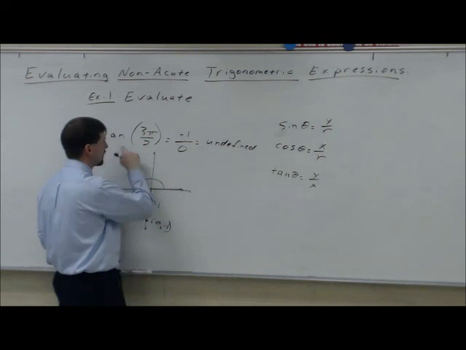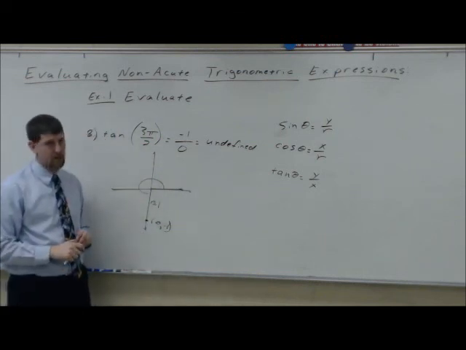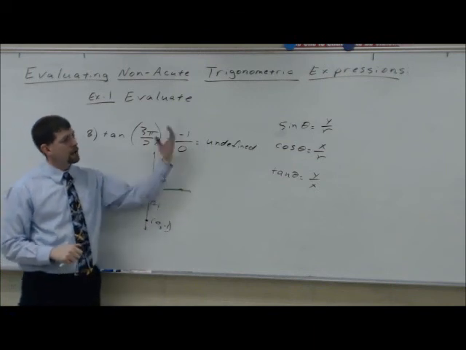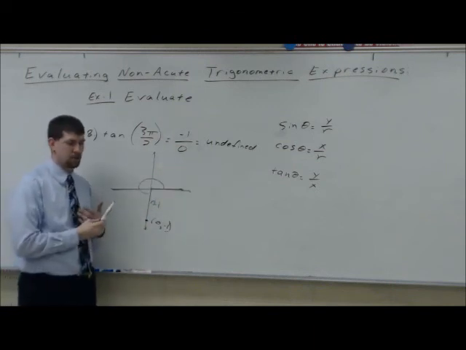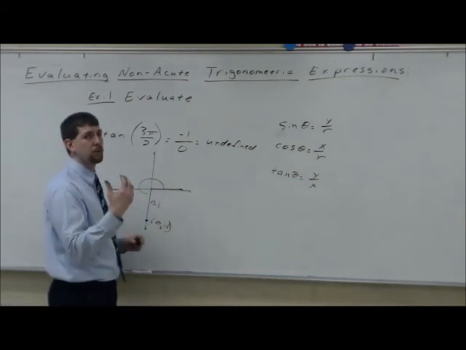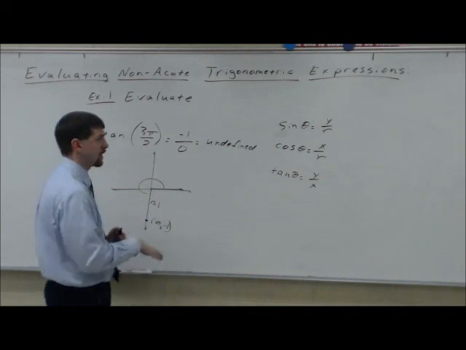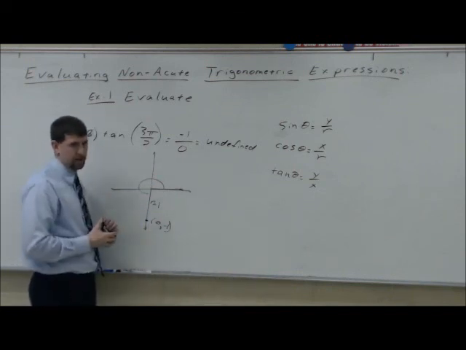So tangent of 3 pi over 2 at this point right here is undefined. And it is going to be very interesting to see how all these different values, different points start to put together, or how we start to piece them together to get the curves or the graphs of all these sine, cosine, tangent functions. And that's what we're going to look at in the next unit.